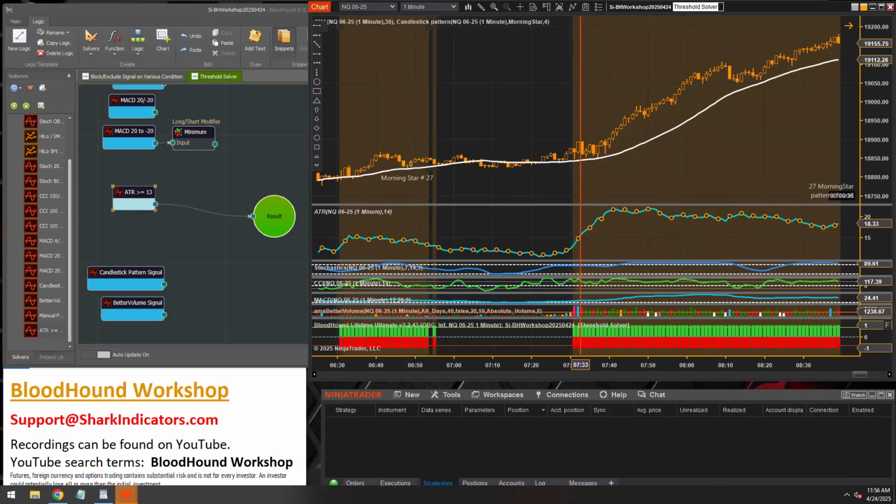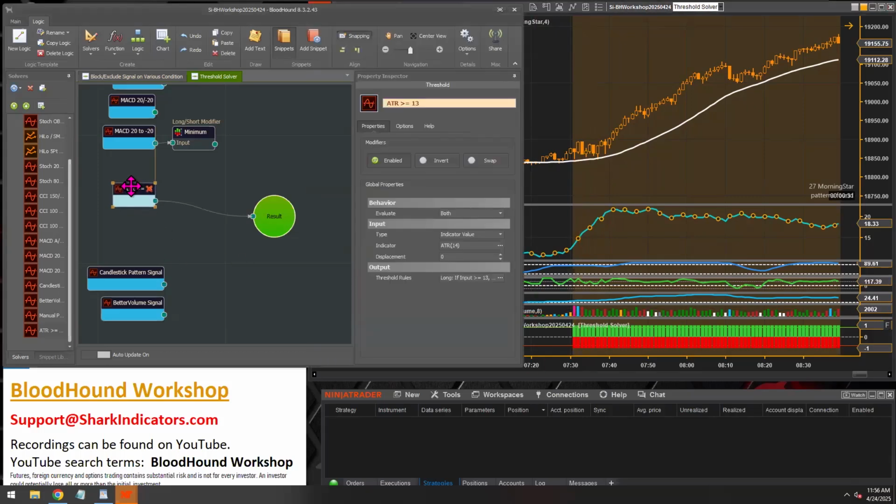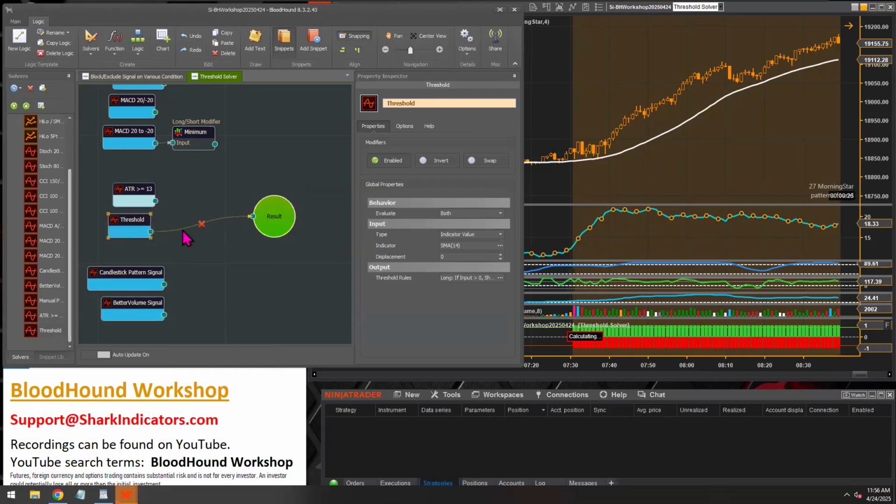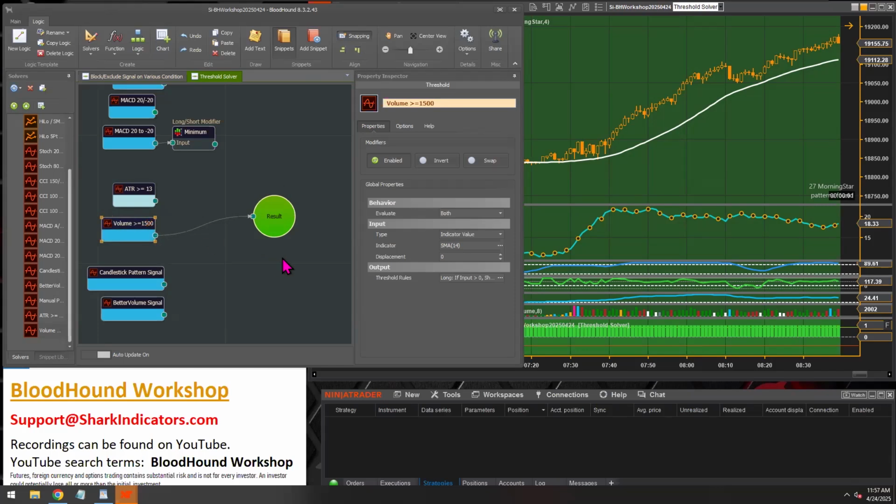We could do the same thing with volume. We could say, if the volume is greater than some level, as well. We'll go ahead and throw another one in there. I'm not sure what a good volume is, but let me try 1500 to start with. So let's change our input type.